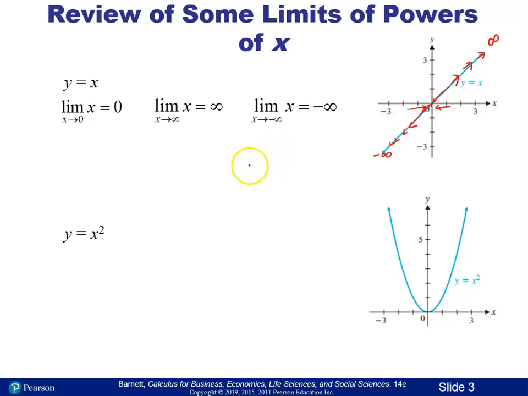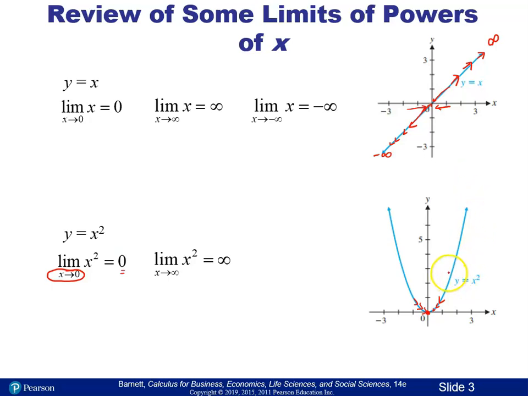If we look at the function y equals x squared, which is just a basic parabola, and we look at the limit as we approach 0, if we follow it in from both sides, it's taking us down here to the origin, and that's where we get 0. Because remember, your limit values are the y coordinates as the x does whatever this is describing. So as x gets closer to 0, the y is getting closer to 0.